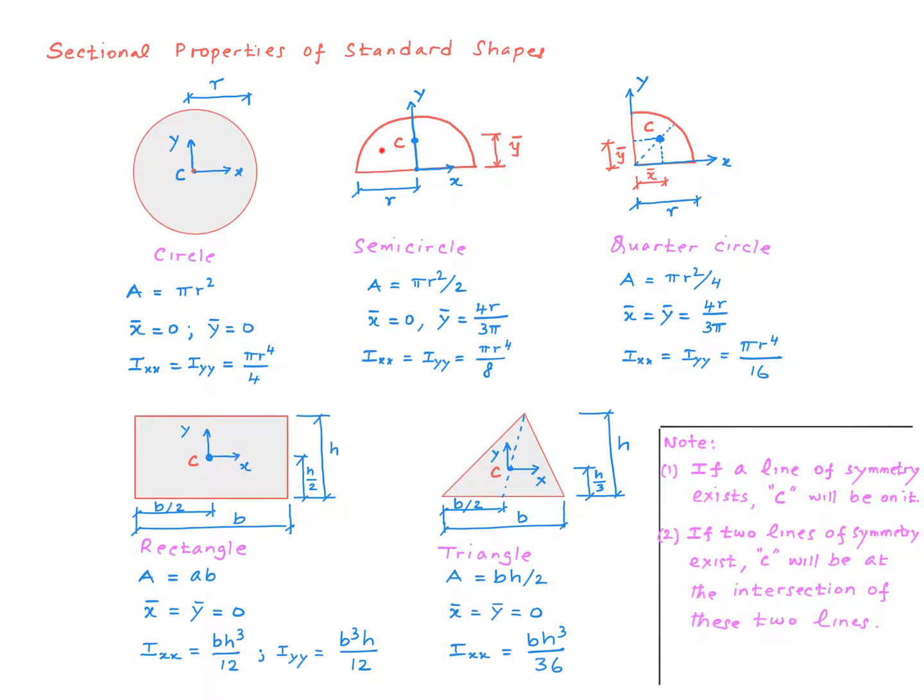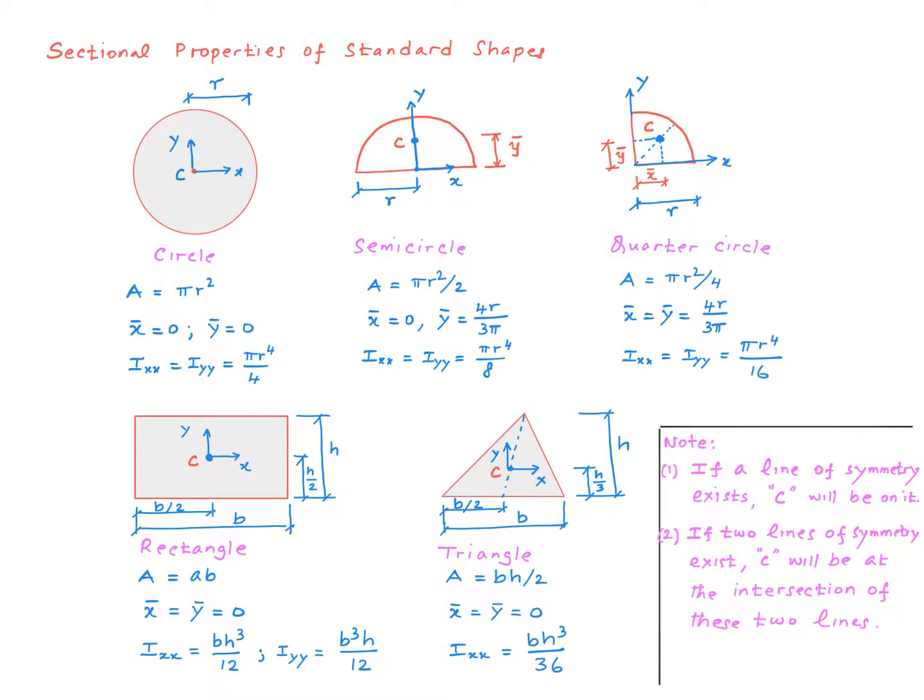So everything to the left is a mirror image of everything to the right of this line right there, right? So the centroid is going to be on that line. And similarly, if I come to this quarter circle, if I draw a line at 45 degrees like this, you can see that is a line of symmetry for this quarter circle, right? And therefore, the centroid is going to be on that line of symmetry.